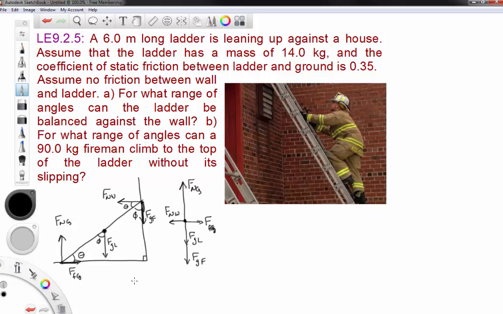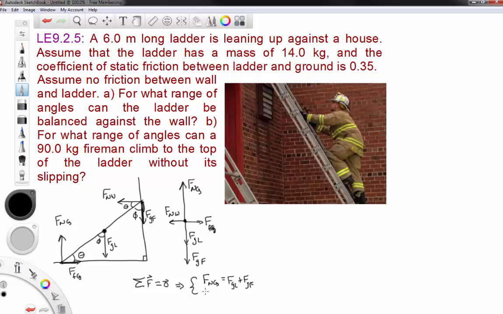So basically what this ends up doing is modifying each of our equations just slightly. For example, Newton's first law basically now gives us the following conditions. First of all, the normal force between ground and ladder is going to be equal to the weight of the ladder plus the weight of the fireman.